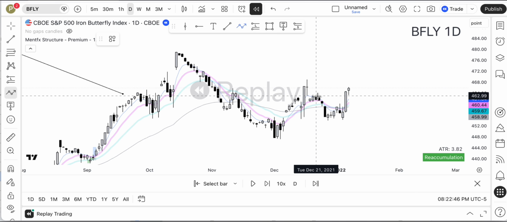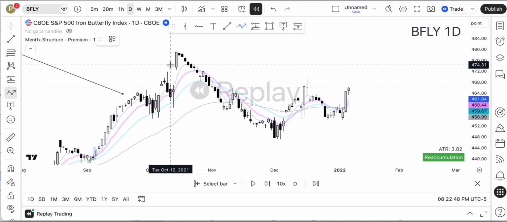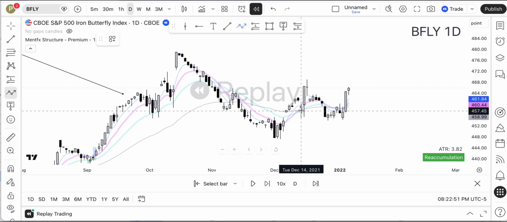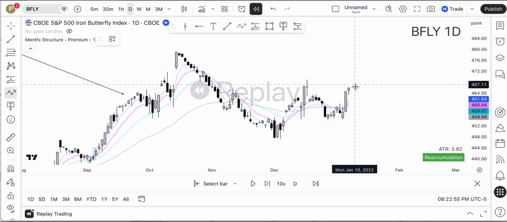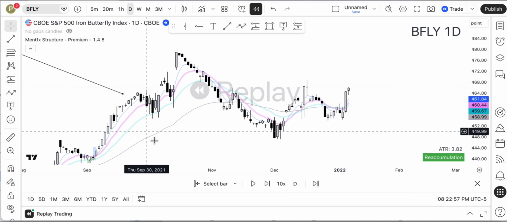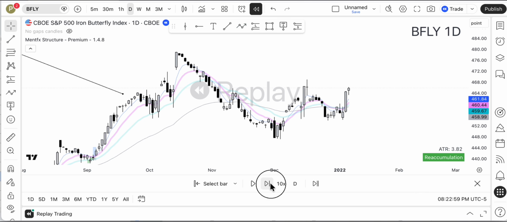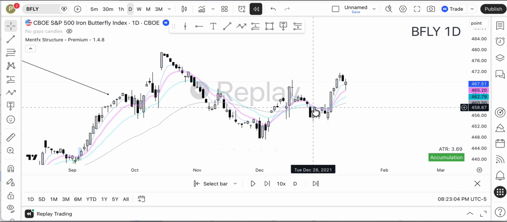Now that it made another flush, we're not looking at this flush and a rise up and pullback. We're actually looking at this flush and a rise up and pullback. Now I am willing to look for a trade. So let's see if we get any. That looks good.